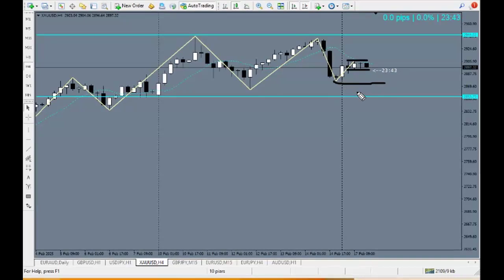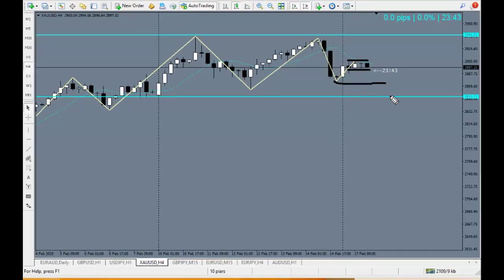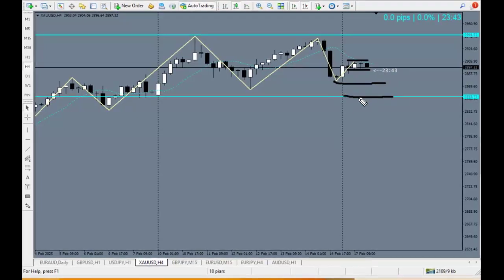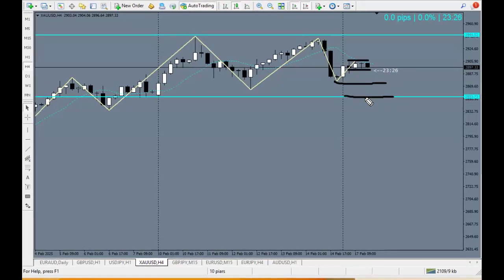Then the next take profit will be the weekly low, where we marked earlier. So if price is going to go down, these are my two target levels. However, if price goes up, then I'll be targeting the weekly high. But at the moment, it's showing me signs that it's likely to go down first on this particular pair.